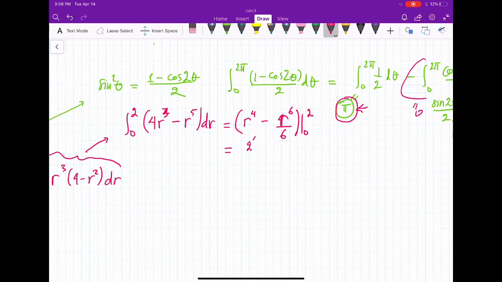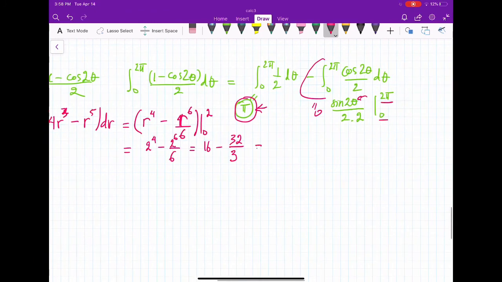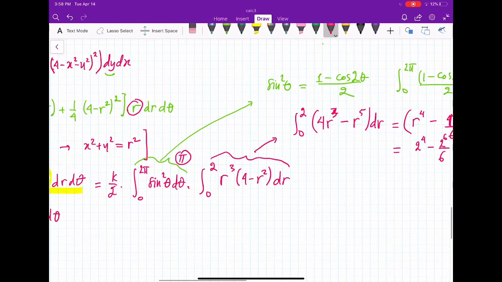I have 2 to the 4 minus 2 to the 6 over 6, which is 16 minus 32 over 3. Okay, so if we simplify that, we get 48 minus 32 over 3, which is equal to 16 over 3.